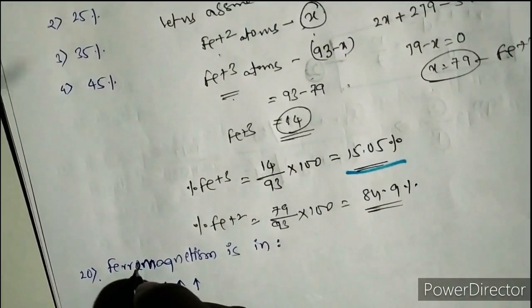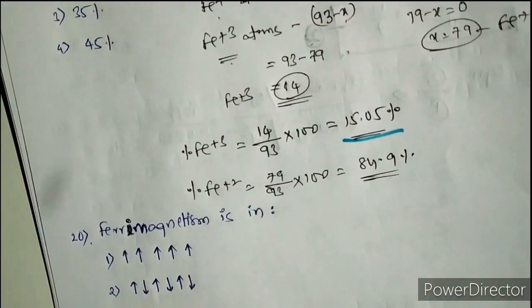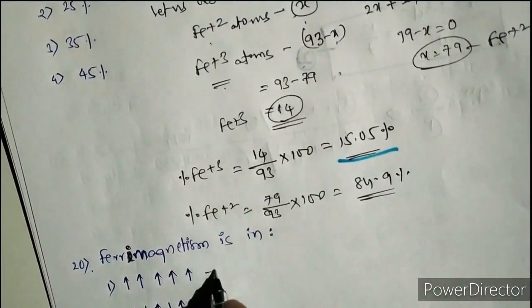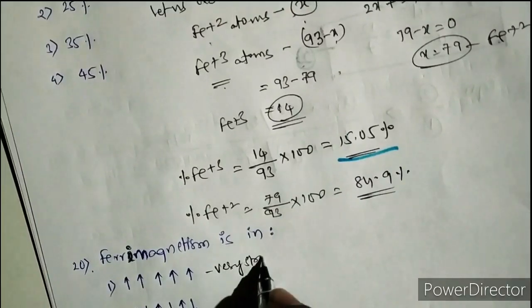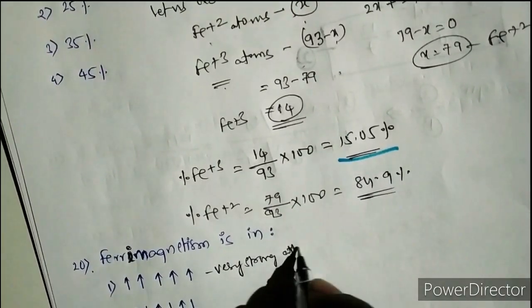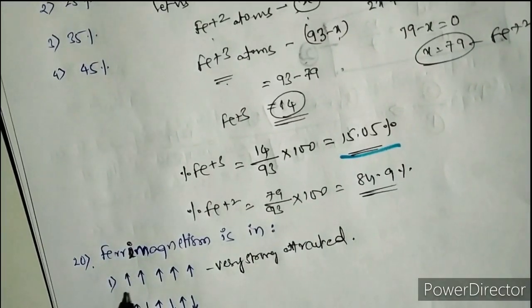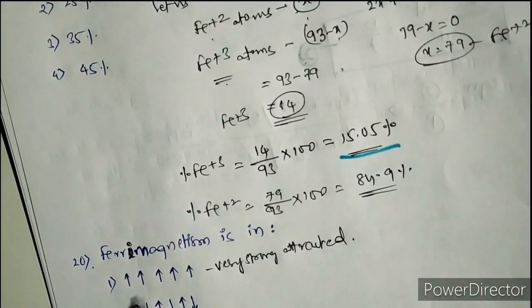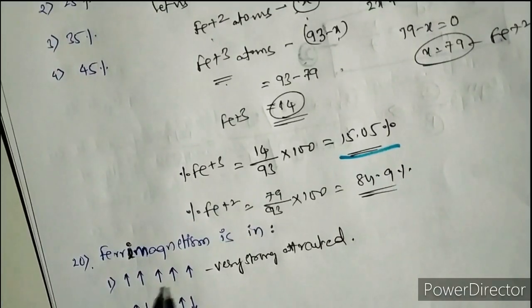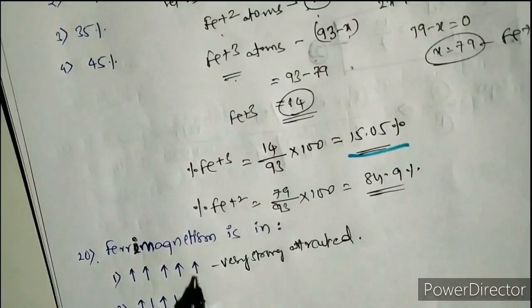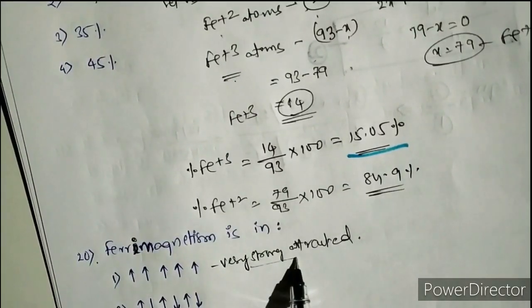So I'll slightly change it. Ferro means which are very strongly attracted by magnetism. That means all domains are on one side. Each domain or each electron is considered as a tiny magnet. So they are all on one side, so they are very strongly attracted by the magnet.